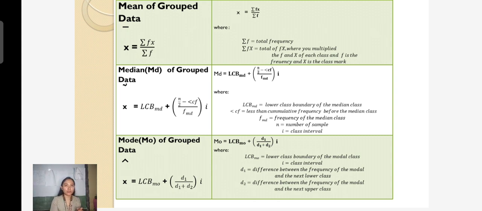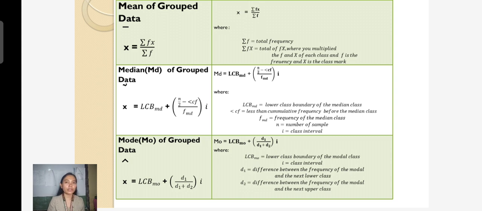So, median is equal to LCB median plus the quantity of N over 2 minus less than CF over frequency of the median times I. Where LCB median is your lower class boundary of the median class, less than CF is the less than cumulative frequency before the median class, and f sub MD is the frequency of the median class. N is the number of samples, and I is the class interval.